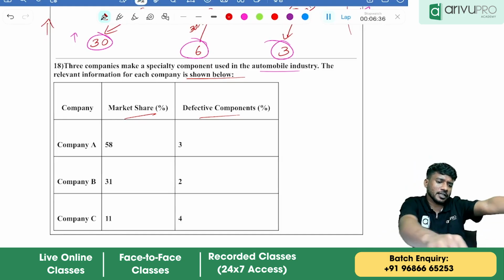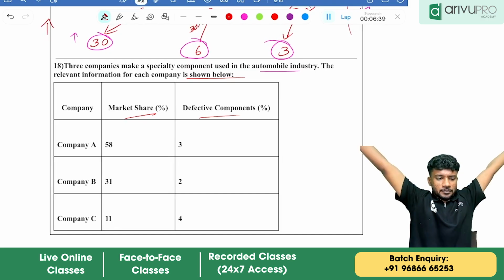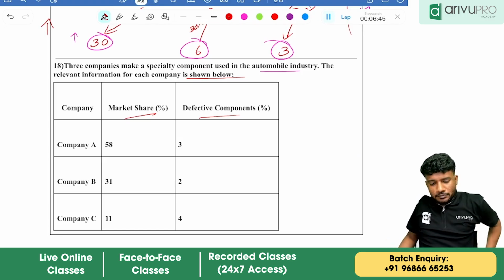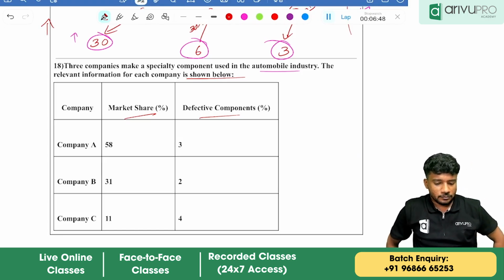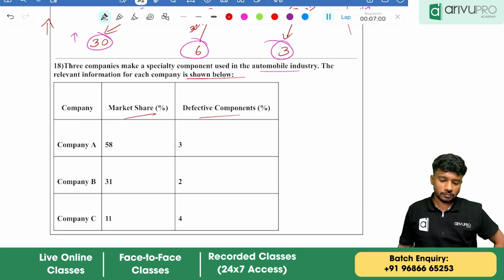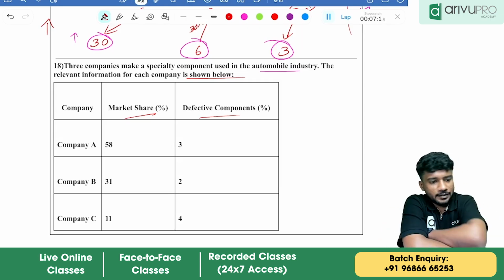If you want to use formula, you can use formulas. Try to draw the tree with the given data. Then we will solve the question.